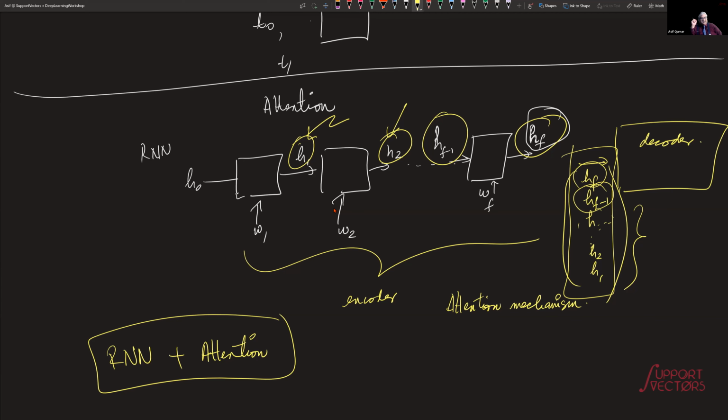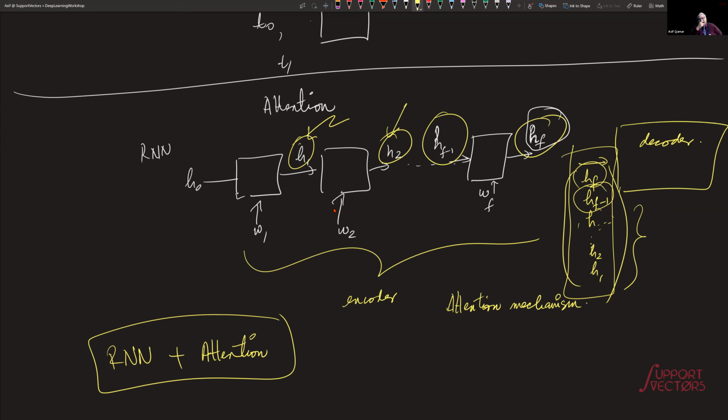The idea immediately made a lot of sense and led to pretty good results. That was around 2014, 2015 onwards, when these ideas began to come about.